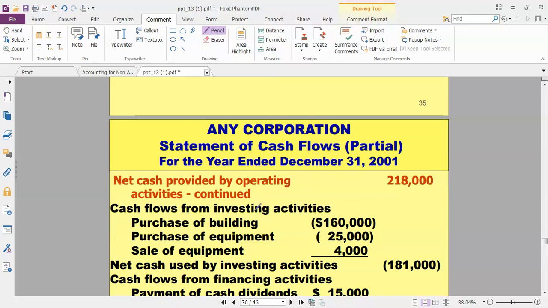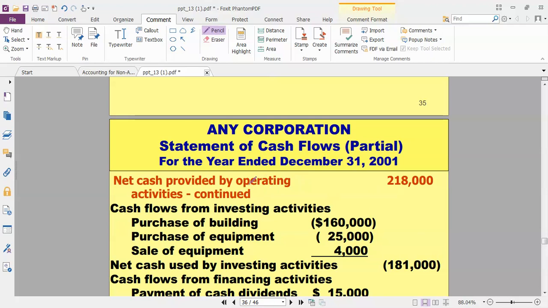So then let's continue. You must add on the cash flows from investing activities. The format must be horizontal, so going downwards, horizontal. The list for the format is horizontal.